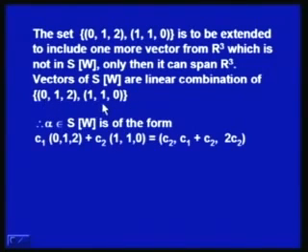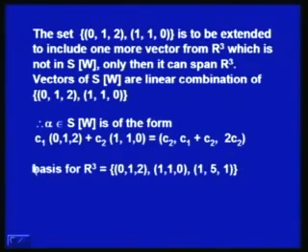So what I do is I consider (0, 1, 2) and (1, 1, 0) and find the span of this set. Let us say alpha belongs to span of W, then any vector in this will be of this form: C1(0, 1, 2) + C2(1, 1, 0), which is of the form (C2, C1 + C2, 2C1). That means a basis for R3 is (0, 1, 2), (1, 1, 0) and one more vector (1, 5, 1), which is not of this form.